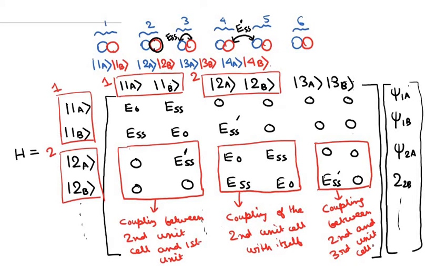So when I now write the equation, I write the equation of the entire unit cell instead of writing the equation for a definite atom. Let me pick the second unit cell and write the equation for the complete second unit cell.